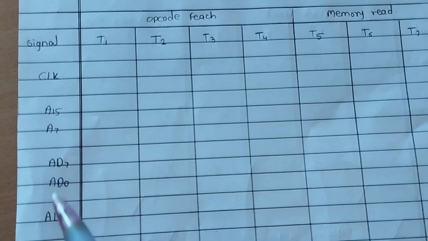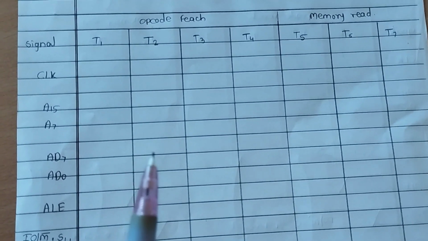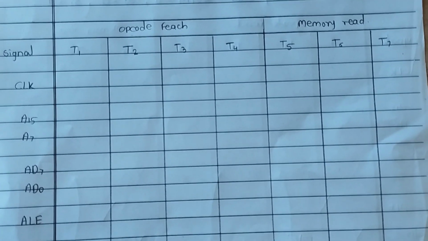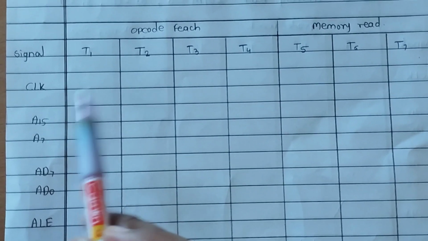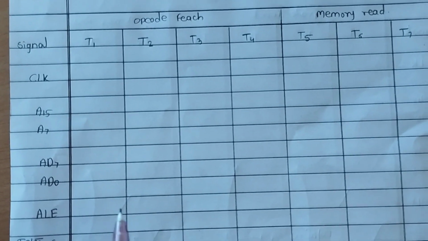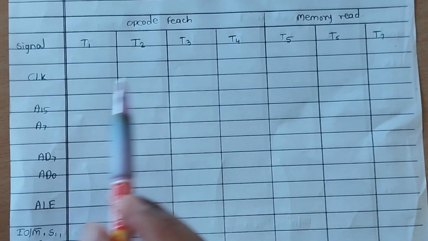And here we mention all the signals which we draw in the timing diagram. All the steps are the same as the previous instruction. First we draw the clock signal, then address signals and ALE. So we now quickly draw all the machine cycles.